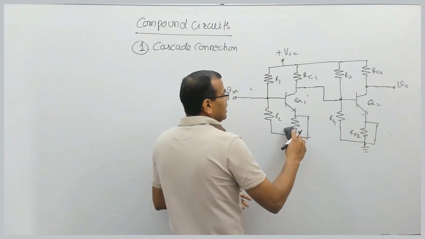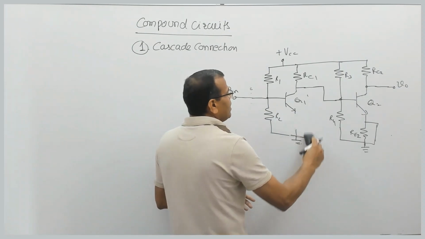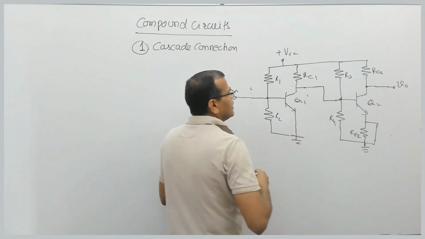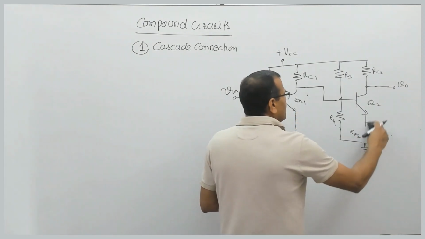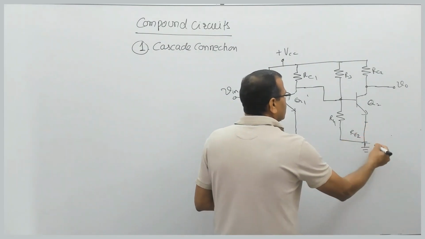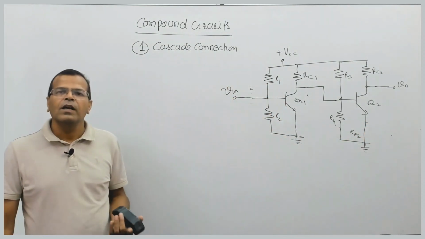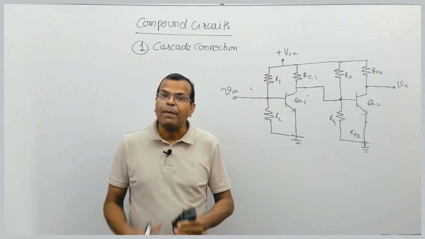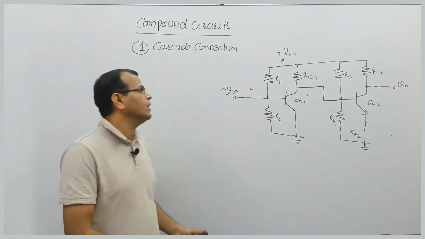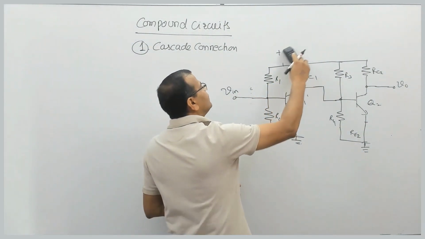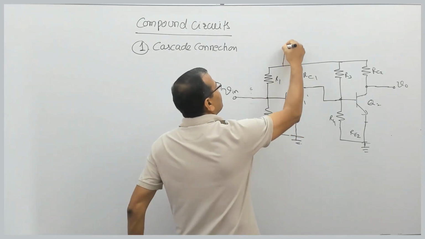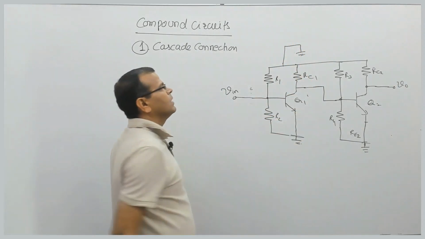So that means this is nothing but a simple short circuit like this, and this is nothing but a simple short circuit like this. That's it. Because the emitter bypass capacitors are replaced by short circuit, and the DC biasing source is replaced by the ground. That's it.